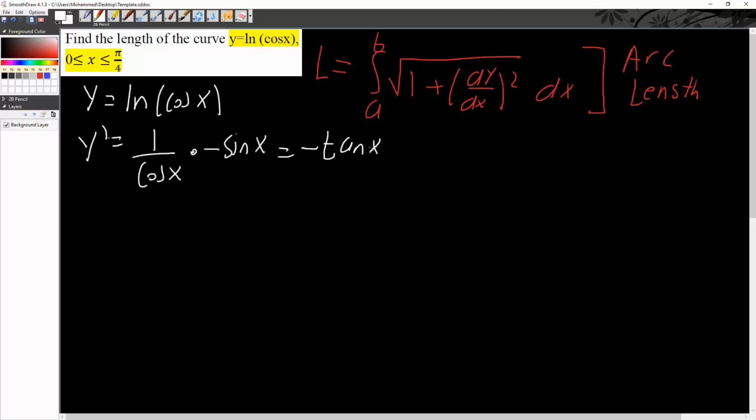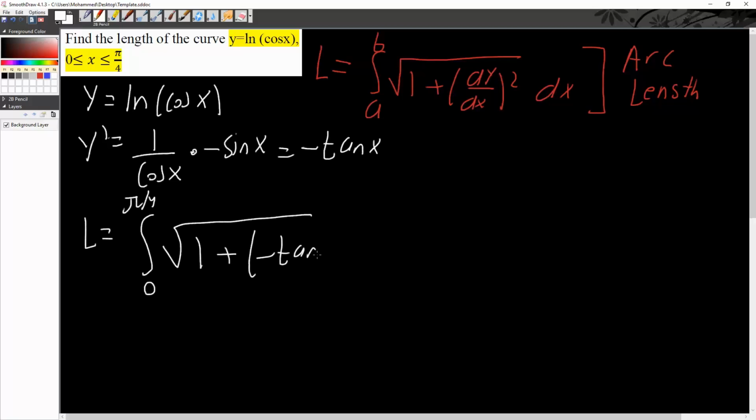The next thing we want to do is plug in this value for our arc length. The lower bound is going to be 0, the upper bound is going to be pi/4. So from 0 to pi/4, the square root of 1 plus negative tan x squared, in terms of dx.